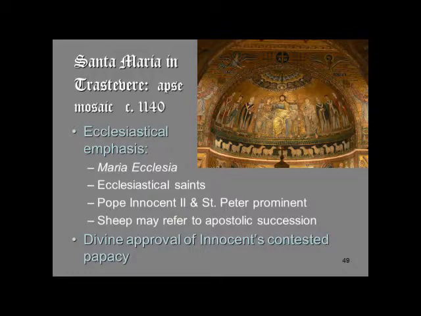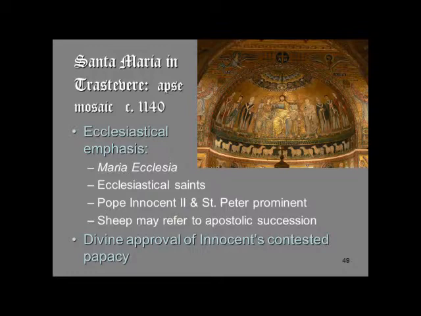So what happened was that Innocent was driven out of Rome, where he went to see Lothar III, and Lothar comes back with Innocent, and then Innocent crowns Lothar the emperor in exchange for his support of Innocent's papacy.